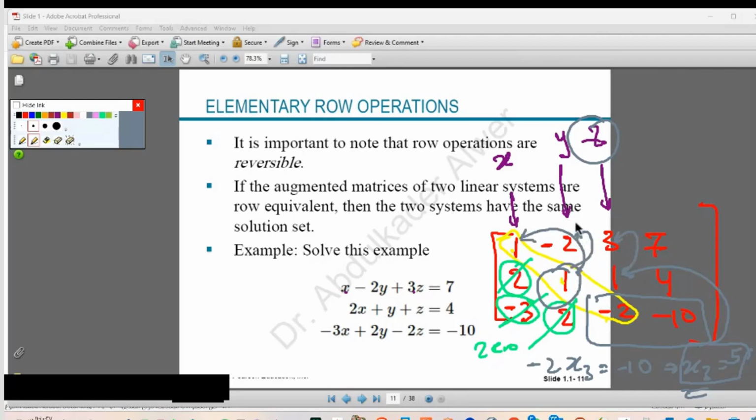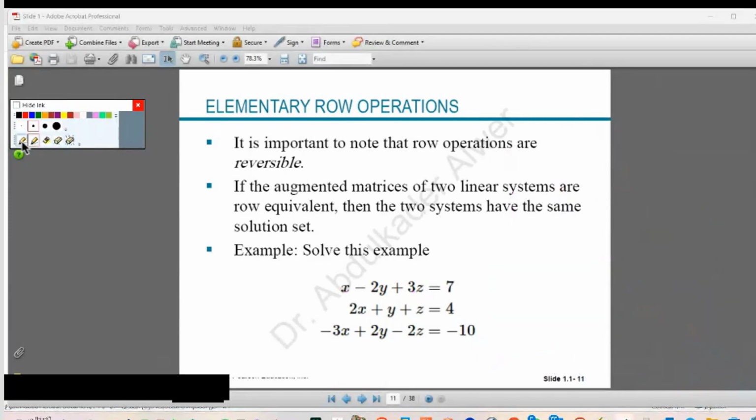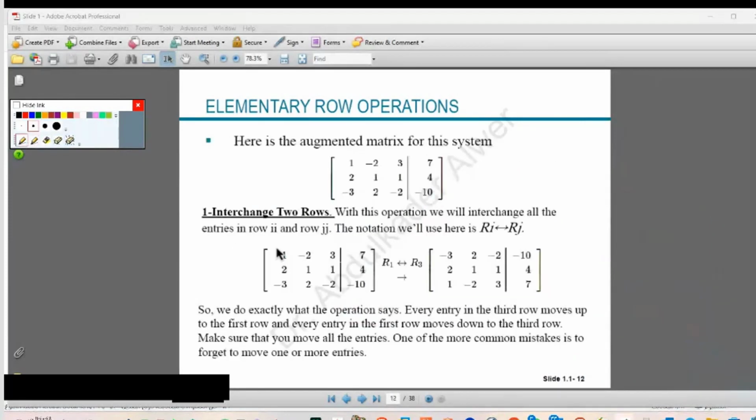Give me a chance. We will solve this problem daily. But see the idea, repeat the idea: I need all numbers under the main diagonal to be 0. Okay, let's start to solve. If there is a question, we will address it during the class. So see here, this one. I will write the formula.